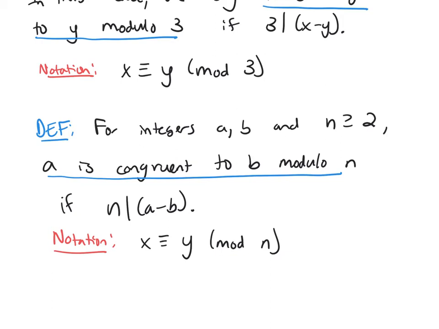Before we were dividing by 3, but here we're dividing by N, and N is at least 2.